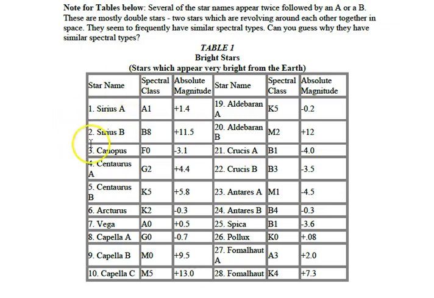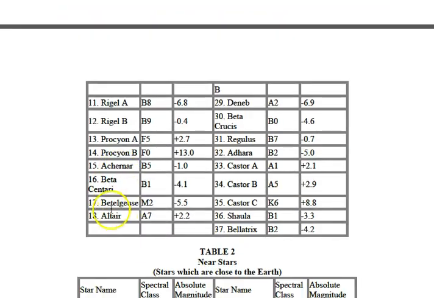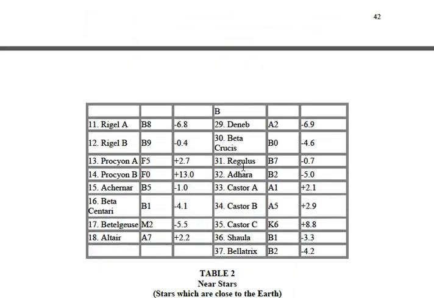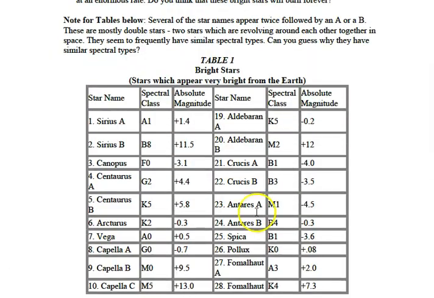And this collection of stars has their spectral class listed and their absolute magnitude, and we would plot all of these stars, 1 through 37, so 37 bright stars of the night sky.